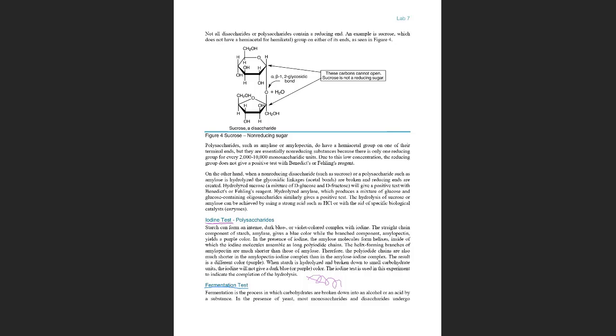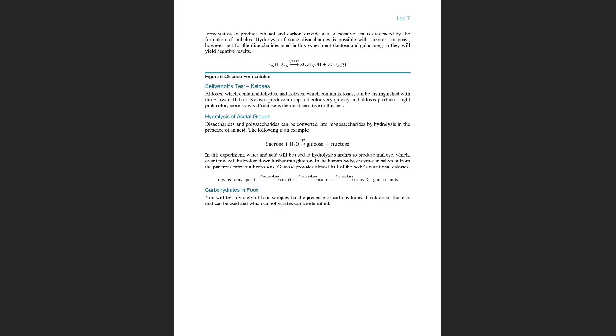For example, yeast will make most of the monosaccharides and disaccharides undergo fermentation, and we will obtain ethanol and carbon dioxide. Let's see if there is a reaction here. Yes. Okay. So this is the formula of the ethanol.